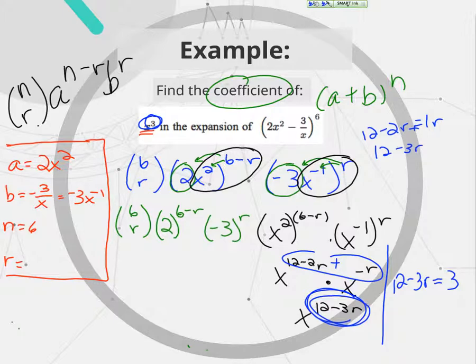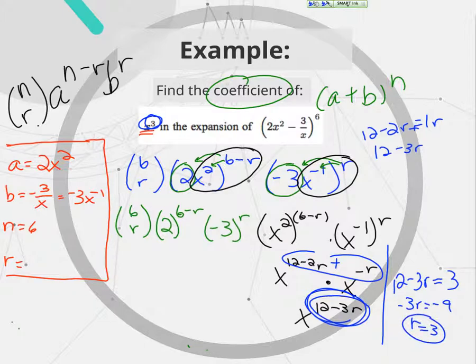So what should r be then? If I do 3 minus 12, I get negative 3r equals negative 9. Then I divide by negative 3, r equals 3.